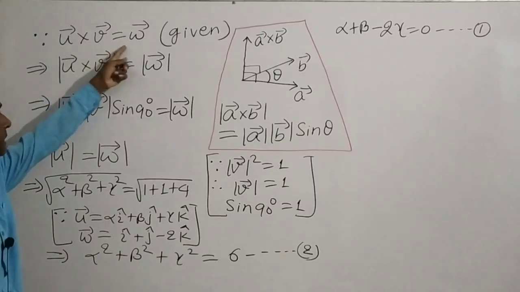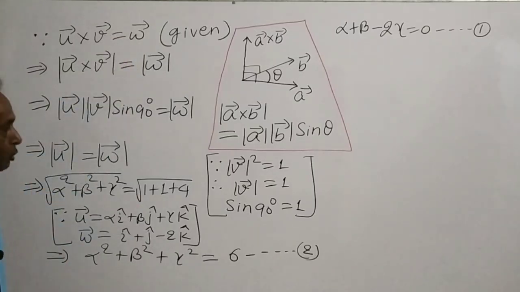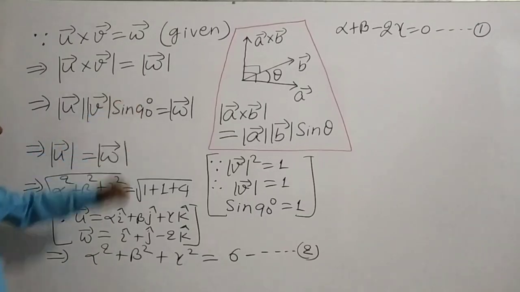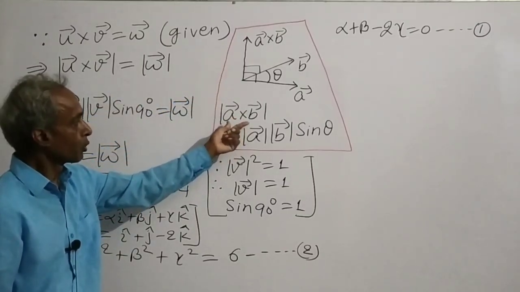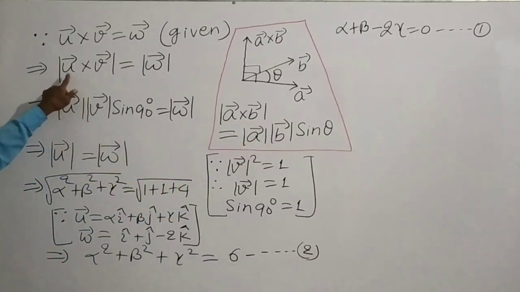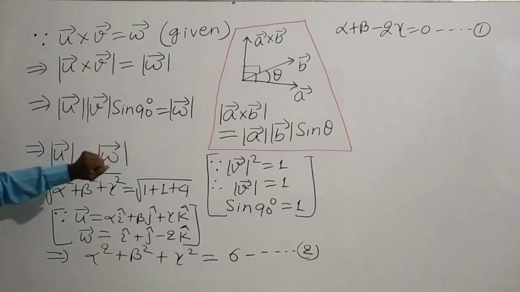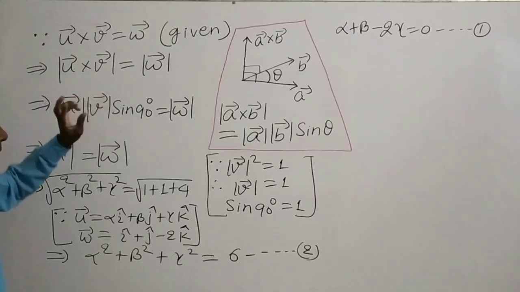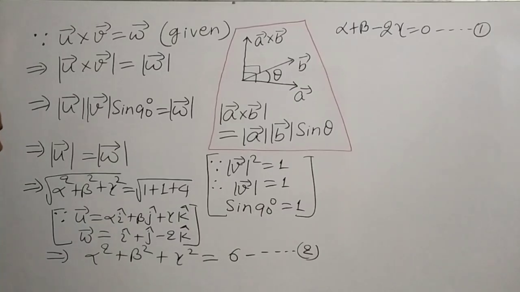Since it is given that vector U cross vector V is equal to vector W, taking mod on both sides, we get this. By applying this formula to write mod of A cross B, we write mod of vector U cross vector V as this. Since U is perpendicular to V, the angle between U and V will be 90 degrees.